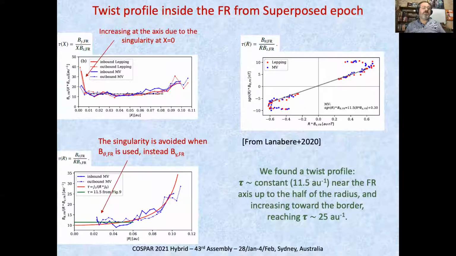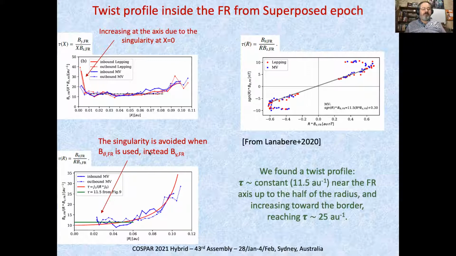And also using these formulas for getting the twist profile, but considering all these specific cases which are well behaved and where we can trust the orientation of the flux rope, we obtain the twist profile inside the flux rope from this superposed epoch. If we use this expression without considering the impact parameter, as we approach zero we don't avoid the singularity, and we obtain this strong increase near the axis.